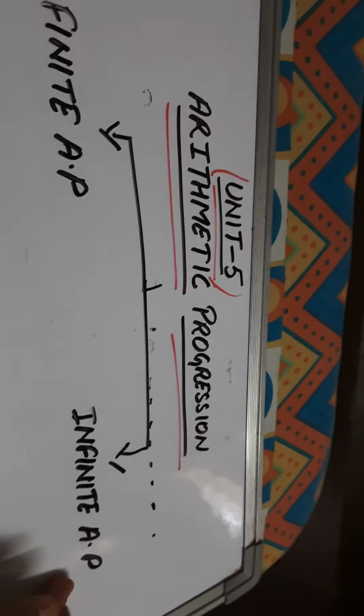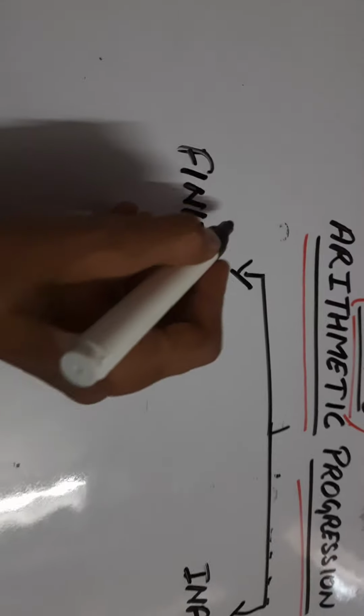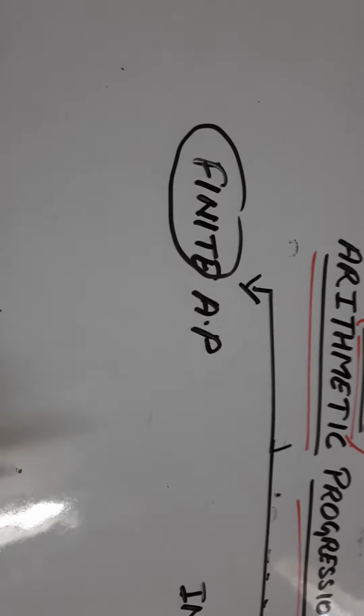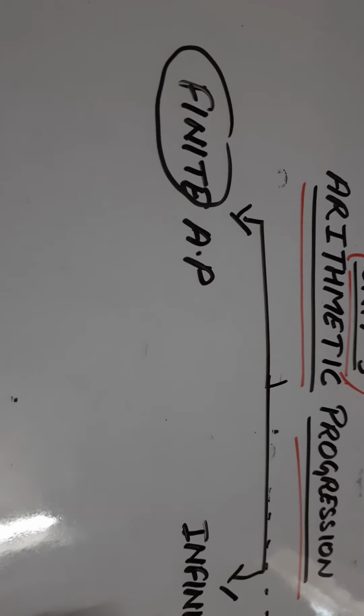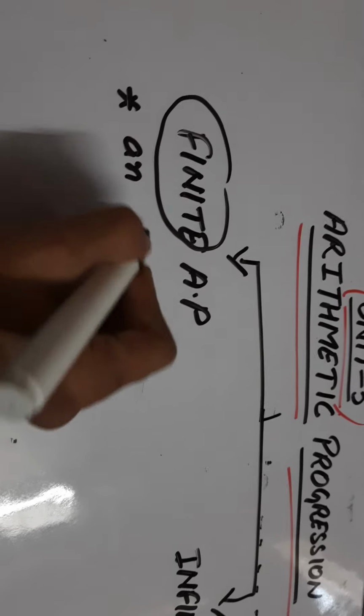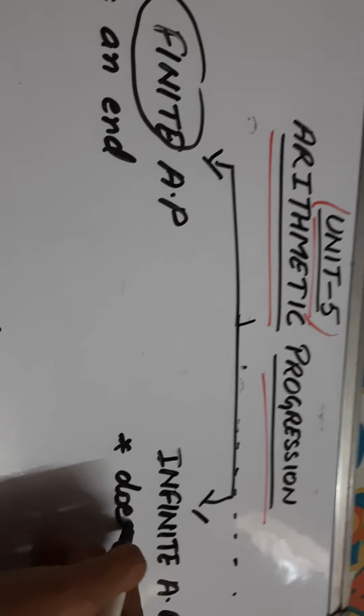AP is meant for arithmetic progression. Now, what is the difference between the two? As the name suggests, finite means which is having an end, and infinite means which does not have any end.